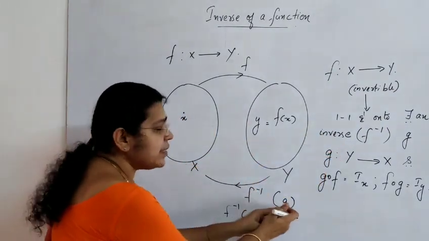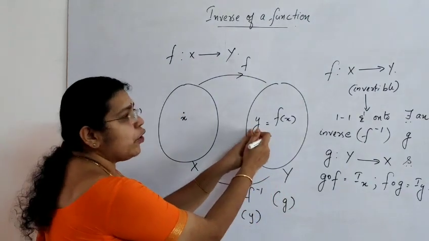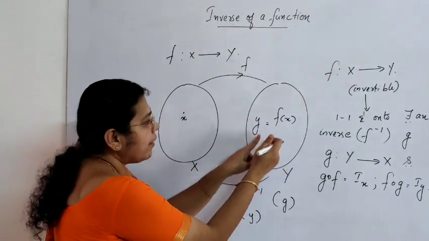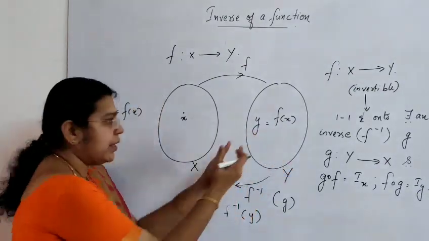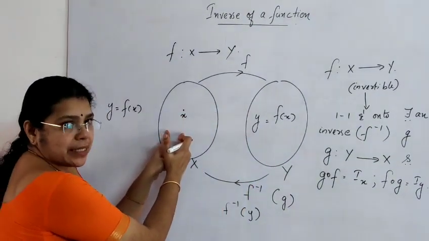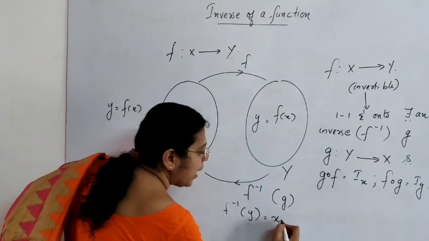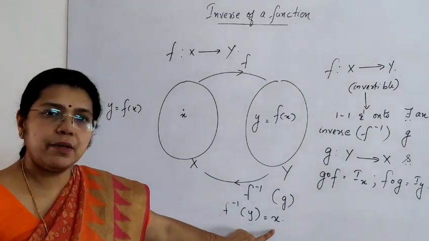So f inverse is the same as the function g. Now f inverse of what? Here the element is not x. You have the element y here. So f inverse of y. The y has the pre-image x. So f inverse of y is equal to x.